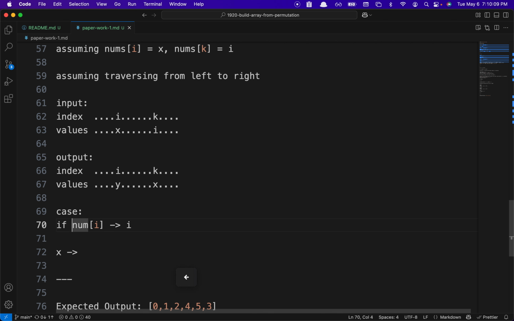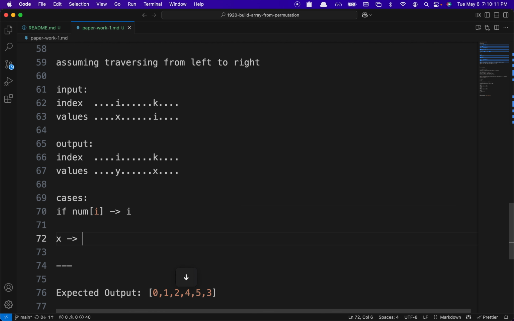So then we just put nums of k equal to i. And in this case, you actually say nums of i is i.